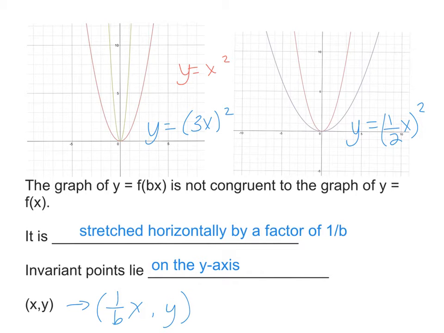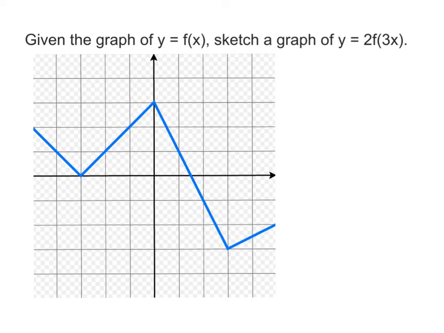And that takes us to this, where given the graph of y equals f of x, sketch a graph of y equals 2f of 3x. So this actually has two transformations happening. Can you describe what those transformations are? Vertical stretch by a factor of 2. A vertical stretch by a factor of 2, yes. And a horizontal stretch by a factor of 1/3.